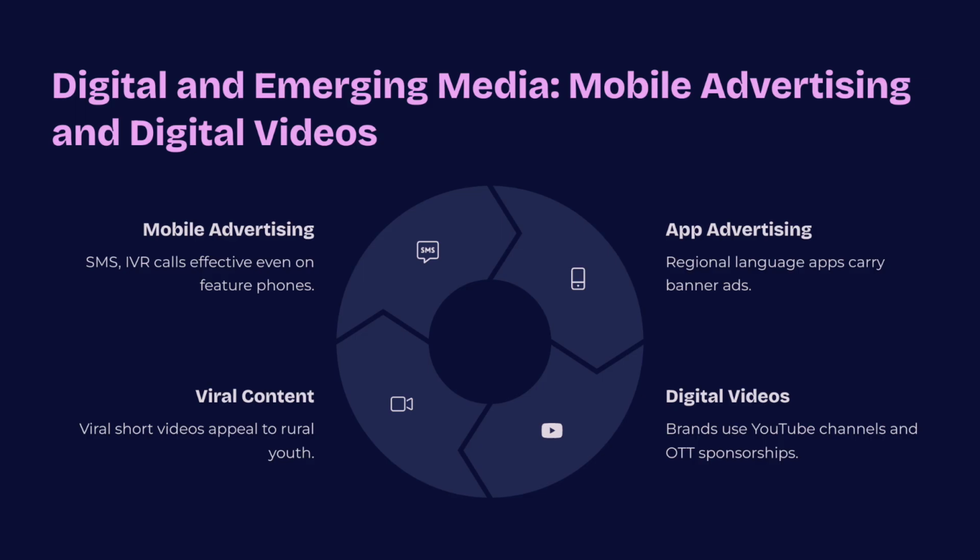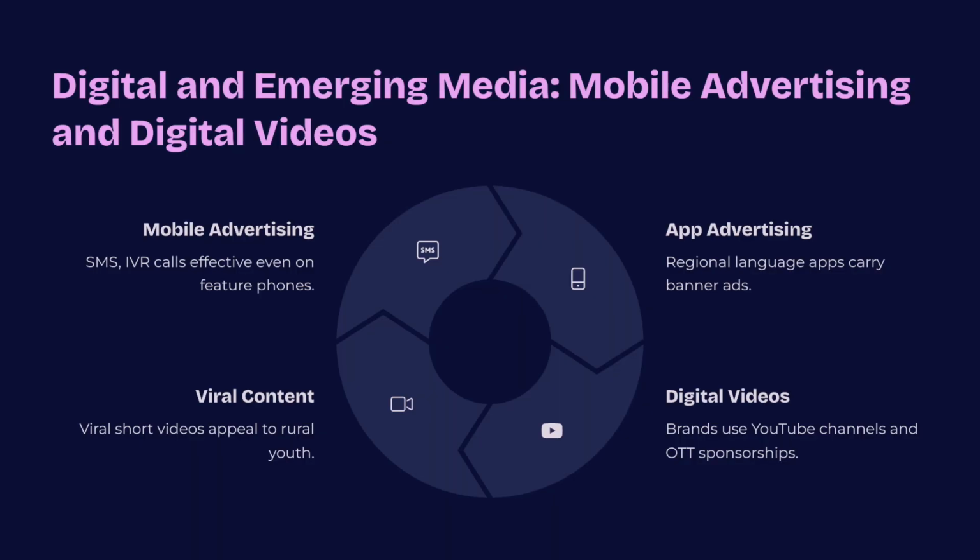As voice technology improves, interactive voice ads that allow users to respond, for example, by pressing a key to get a call back from a salesperson, are increasingly being employed. Furthermore, regional language mobile apps offering services like weather updates, farming tips or market prices often carry banner ads or sponsored content from relevant brands such as seed or insurance companies.